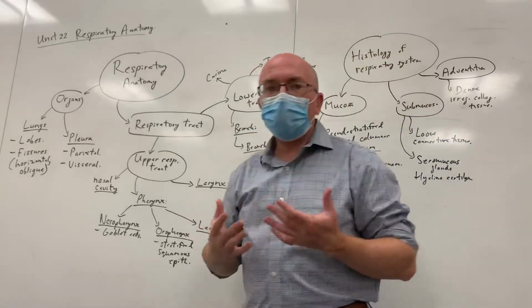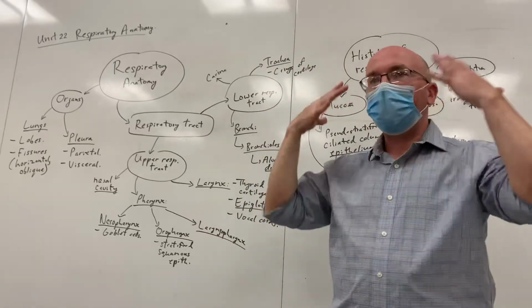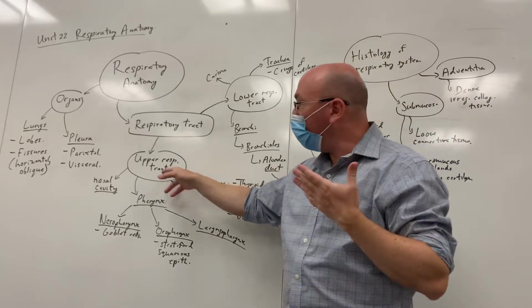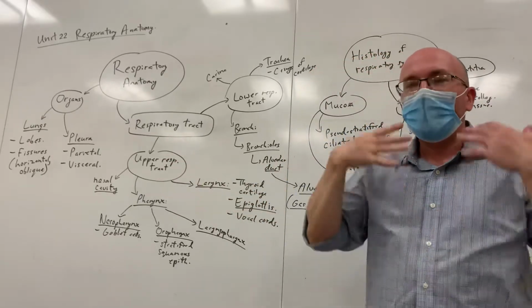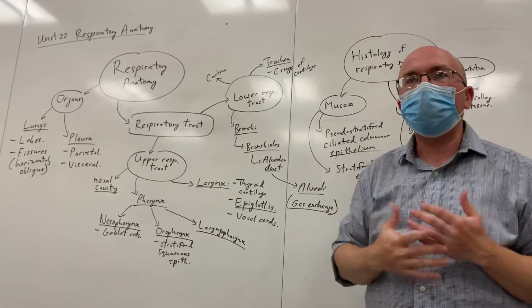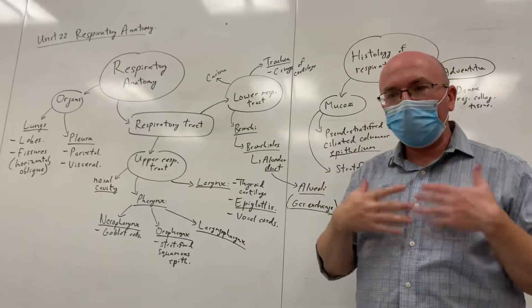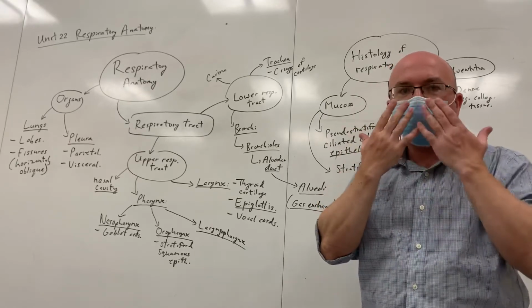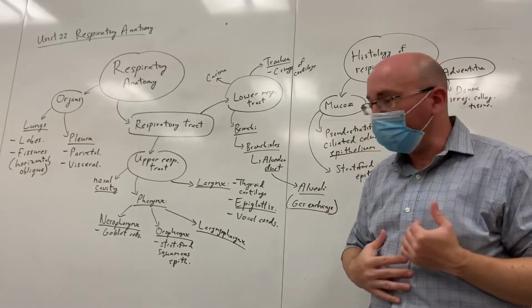Now, the best way to talk about the anatomy of the whole respiratory system is to say that we have the upper respiratory tract and the lower respiratory tract. The upper respiratory tract deals with the upper portion of this anatomy, the head and neck anatomy, starting with the nostrils, the nose, where the air goes into the body.